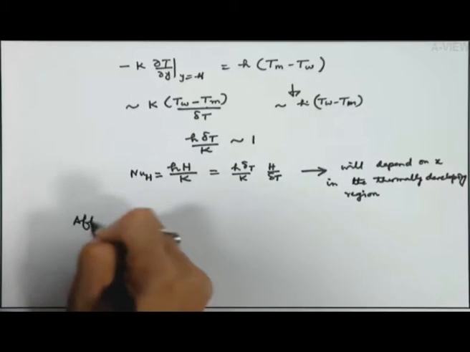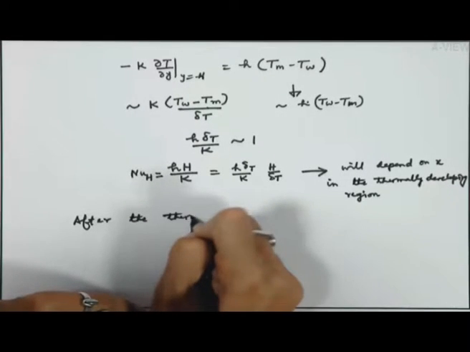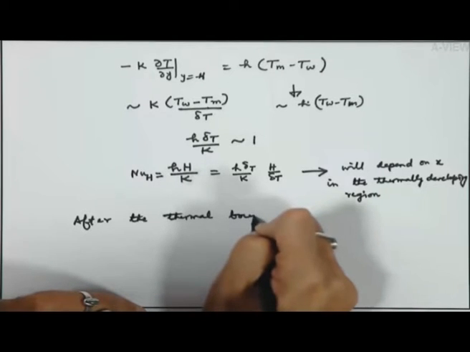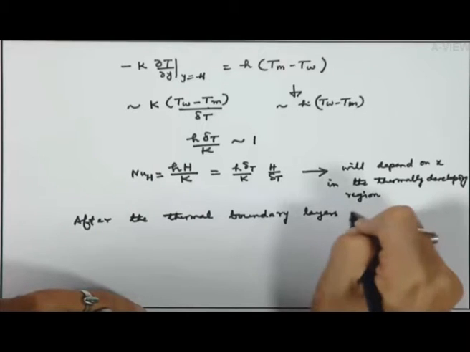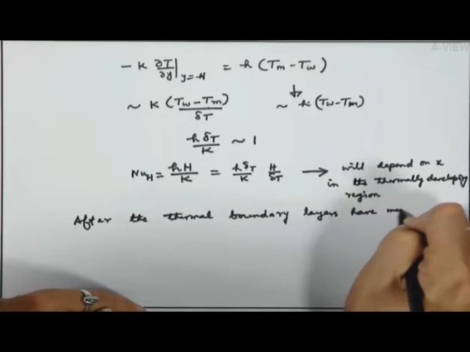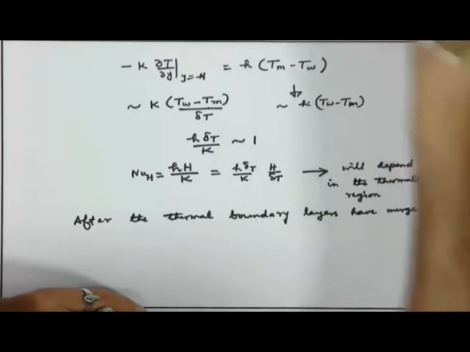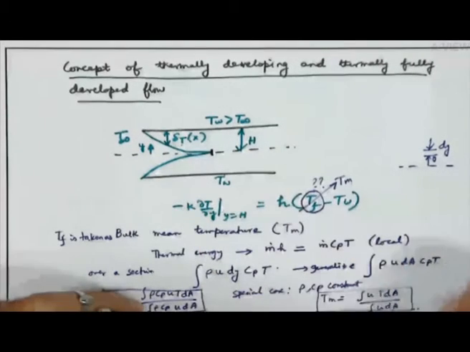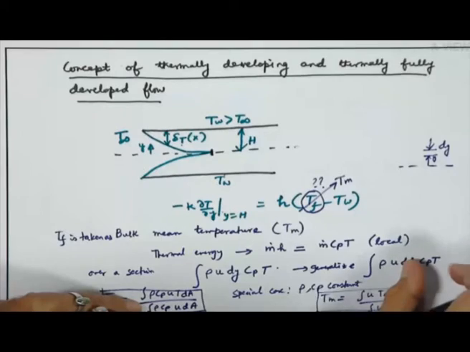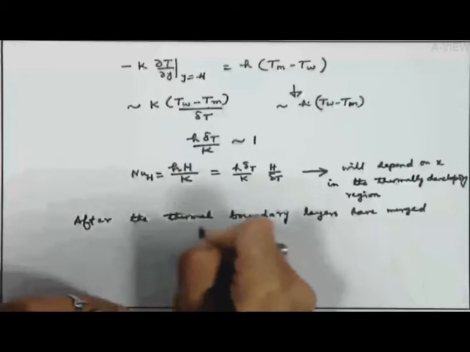After the thermal boundary layers have merged, the thermal boundary layers have merged means typically after this location. After the thermal boundary layers have merged, then what is the value of delta t? Then delta t becomes h.